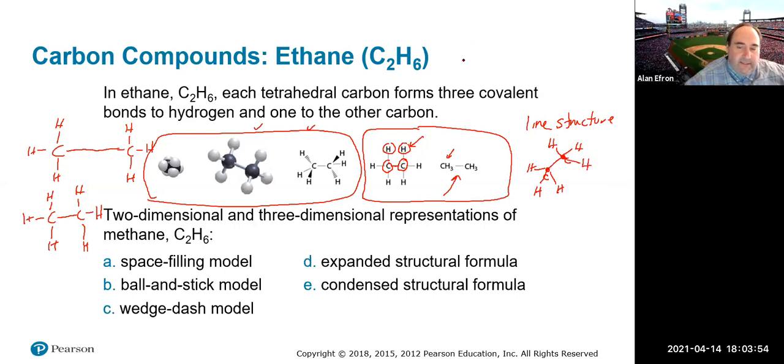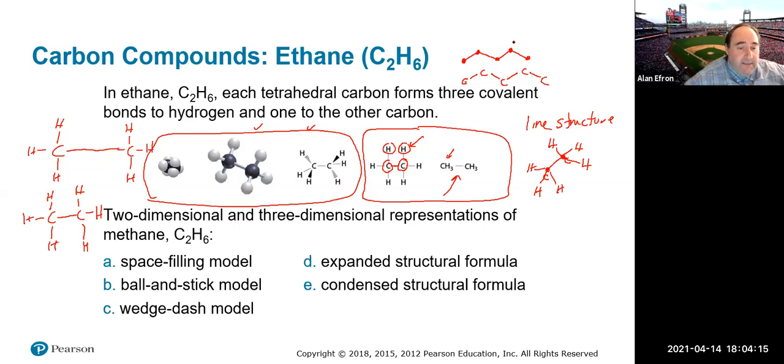So sometimes we see line structures written, and we'll see some pictures here in just a sec. And again, it may just look like a line, but everywhere it ends, everywhere a couple of lines come together, these are all carbons. So this is basically a carbon attached to a carbon, attached to a carbon, attached to a carbon, attached to a carbon.